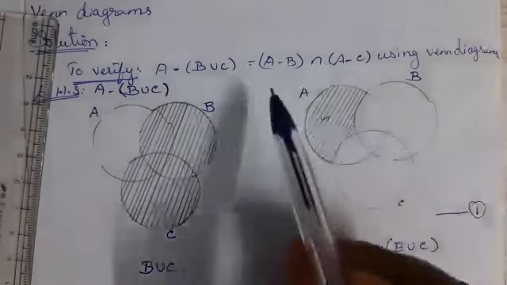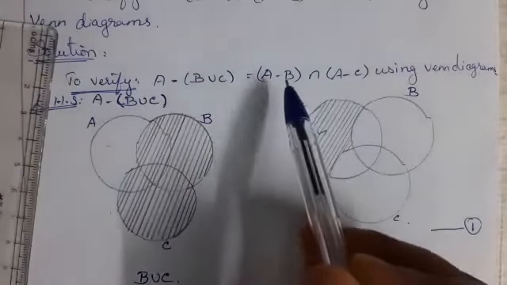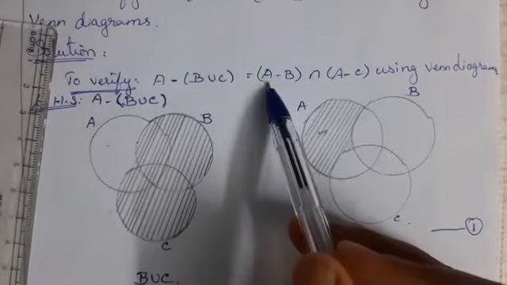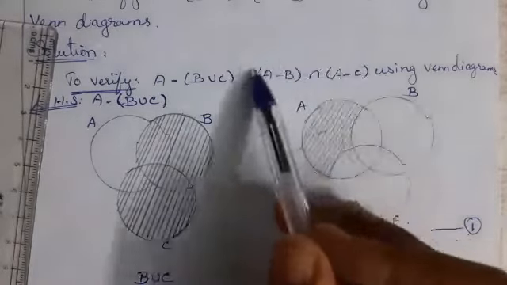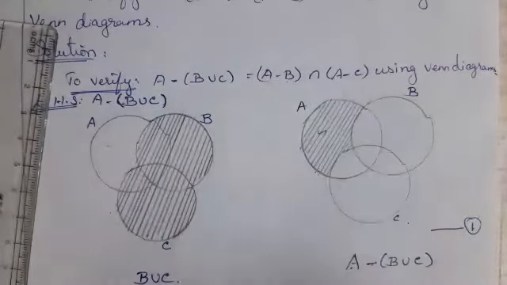Now, do the right side. For the right side, you must draw 3 diagrams. One for A difference B, another one for A difference C. Next, you have to find the intersection of these two.